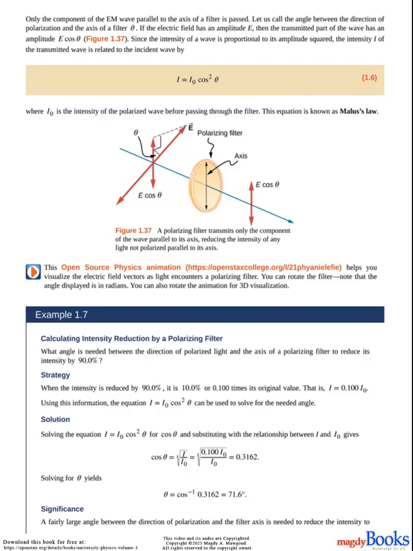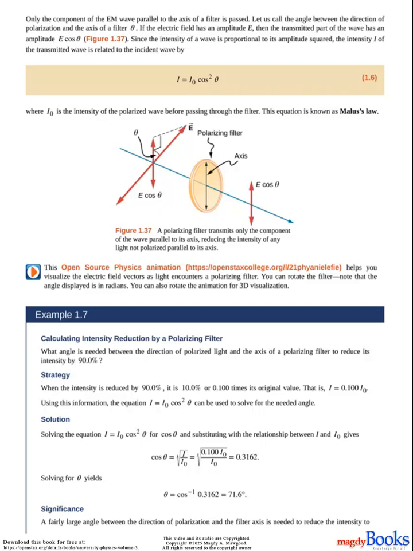Example 1.7. Calculating intensity reduction by a polarizing filter. What angle is needed between the direction of polarized light and the axis of a polarizing filter to reduce its intensity by 90.0%? Strategy. When the intensity is reduced by 90.0%, it is 10.0% or 0.100 times its original value. That is, I equals 0.100 I0.